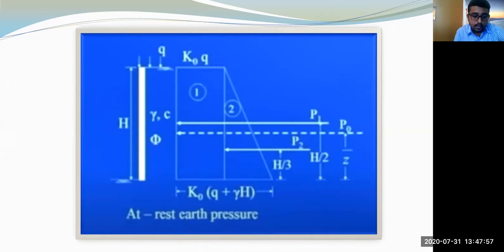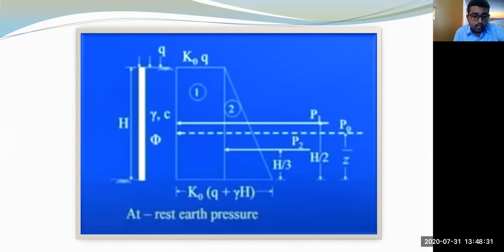Now at depth Z equal to H, due to the surcharge the horizontal stress remains K naught into Q. But due to the backfill soil, the additional part will come as a triangular part.